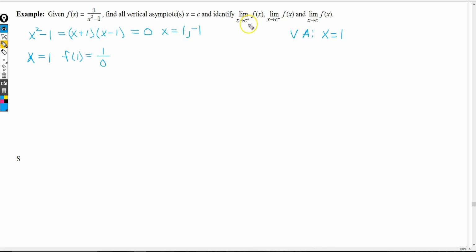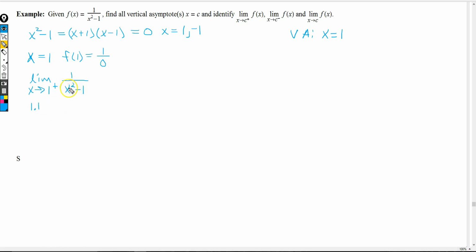Now let's identify this right, left, and full limiting behavior. So let's take a look at the right-hand limit. Now as x is approaching 1 from the right, that means that x is going to be taking on values like 1.1, 1.01, 1.001, and so on.